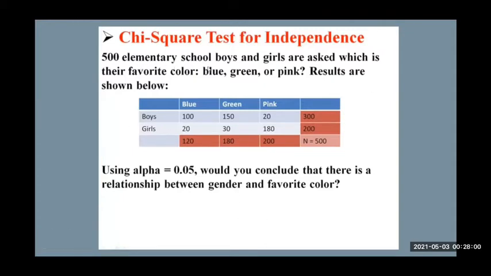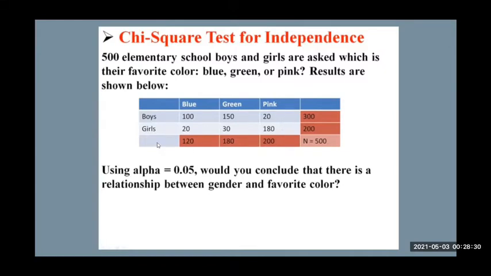500 elementary school boys and girls are asked which is their favorite color: blue, green, or pink. Results are shown below. Boys have shown interest of 100 for blue, 150 for green, and 20 for pink. Girls show interest of 20 for blue, 30 for green, and 180 for pink.